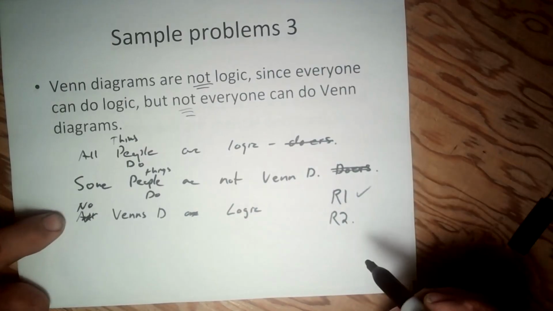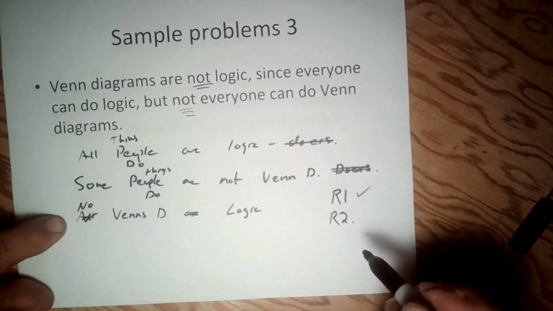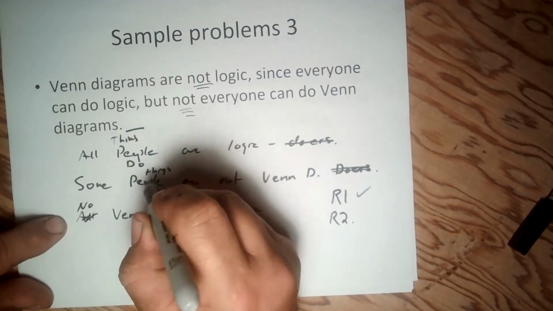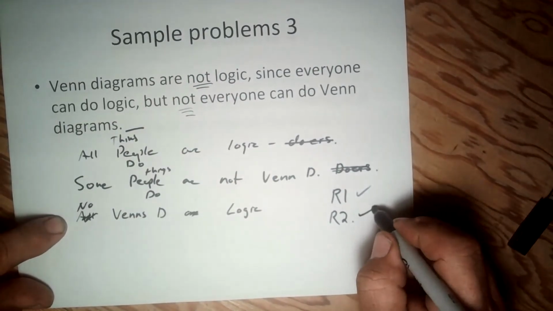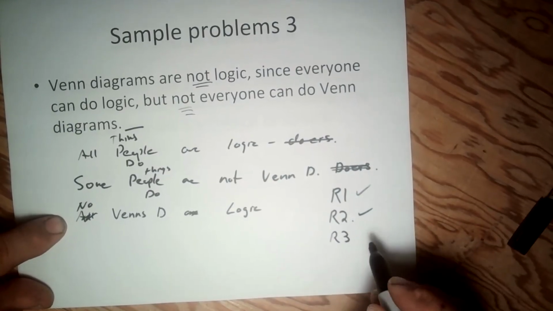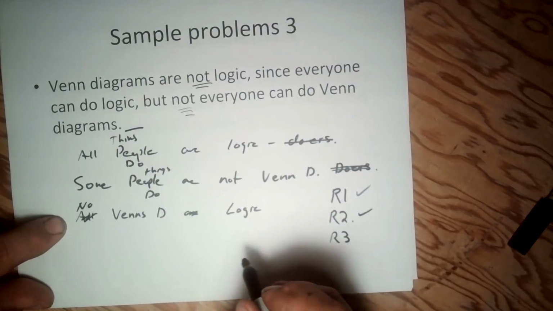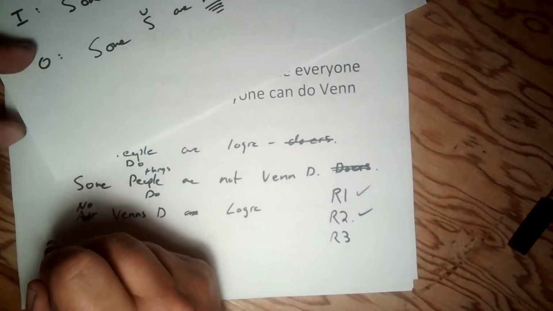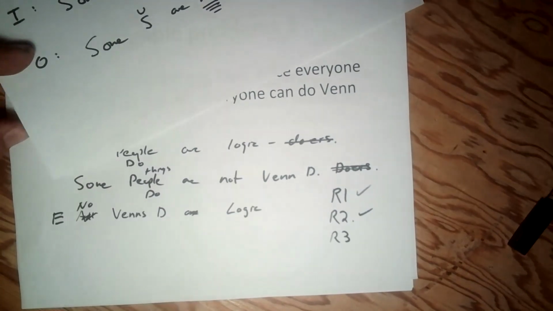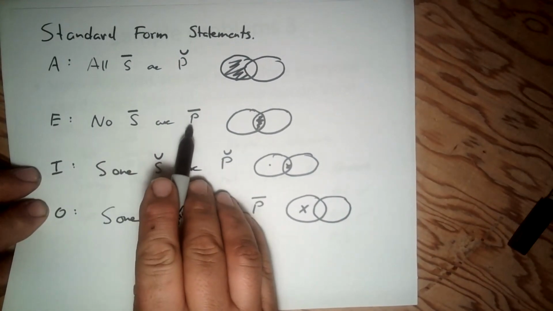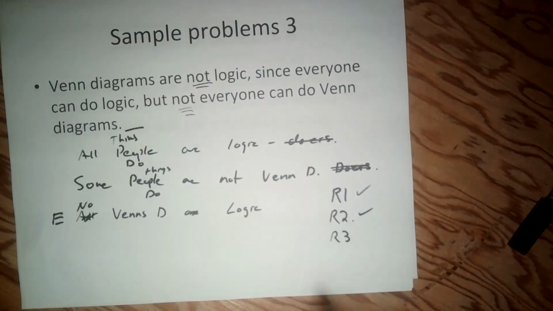Rule 2, middle term must be distributed at least once. So what's the middle term? Things people do. Well, it is distributed in the first premise, so that's good. Rule 3, terms distributed in the conclusion must be distributed in the premise in which they occur. This is an E-form statement in the conclusion, right? And so we look here and say, aha, both the subject and the predicate are distributed.